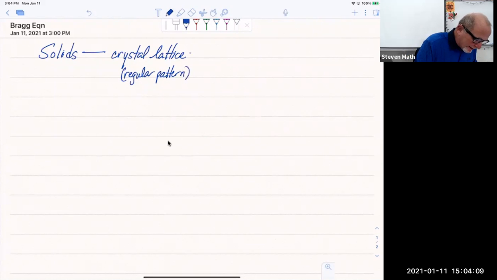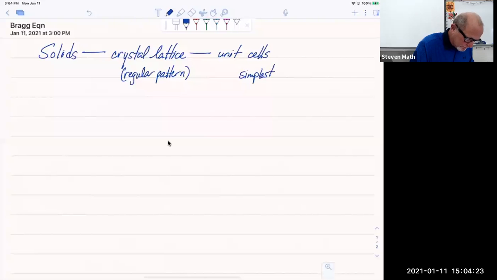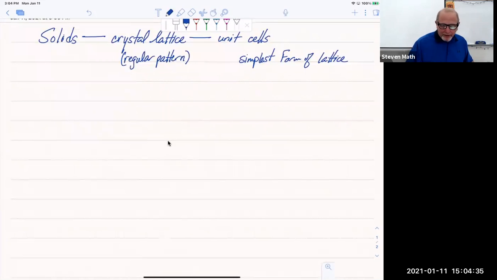Crystal lattices can be broken down into unit cells. Unit cells are the simplest repeating form of this lattice. The only unit cells that we're going to concern ourselves with in this class are going to be simple cubic unit cells.